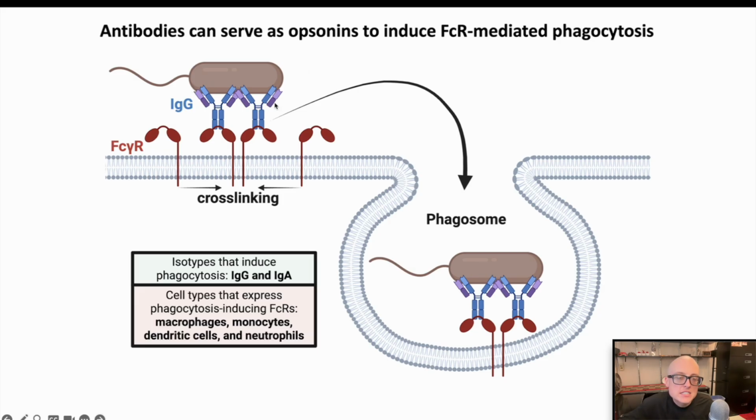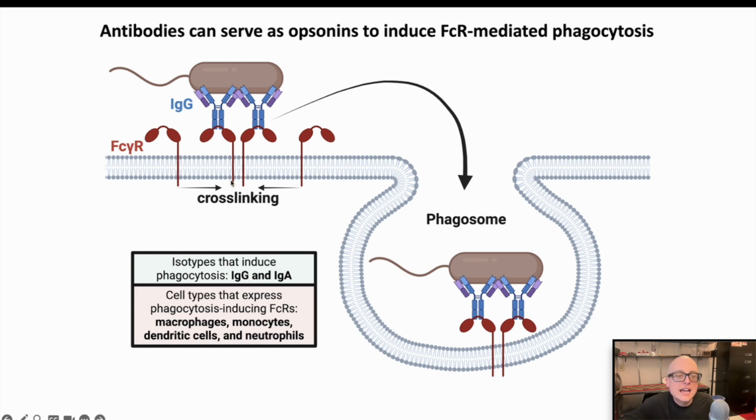When their Fc regions then bind to Fc receptors on the surface of the macrophage, that tends to force those Fc receptors to come into close physical proximity with each other in the membrane. And that physical proximity facilitates downstream signaling events, which I have not shown here just for simplicity's sake.